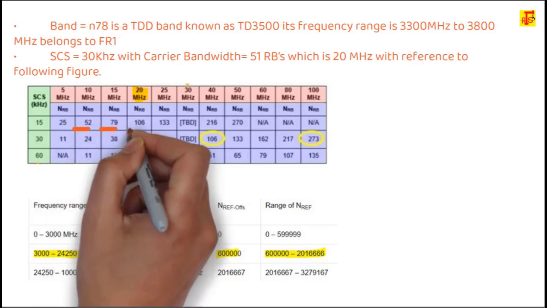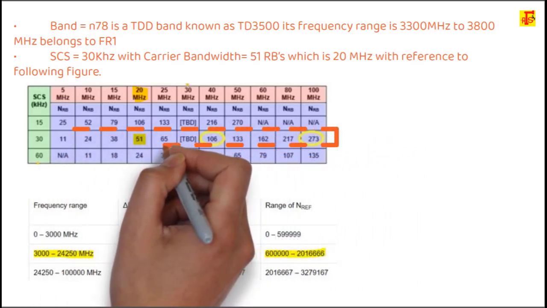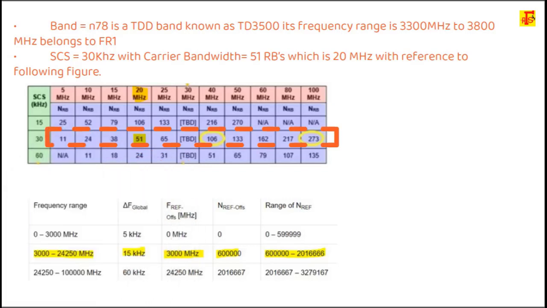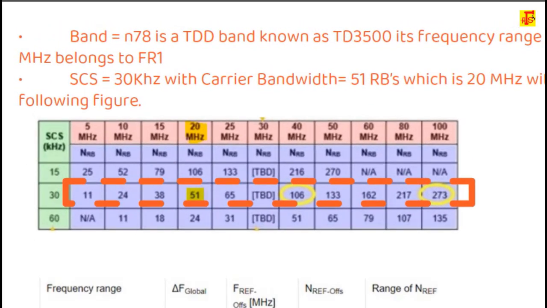For 40 megahertz it is 106, and for 100 megahertz bandwidth the total number of PRB is 273. So a total of 273 PRB will be allocated for subcarrier spacing 30 kHz if we use the higher bandwidth of 100 megahertz.